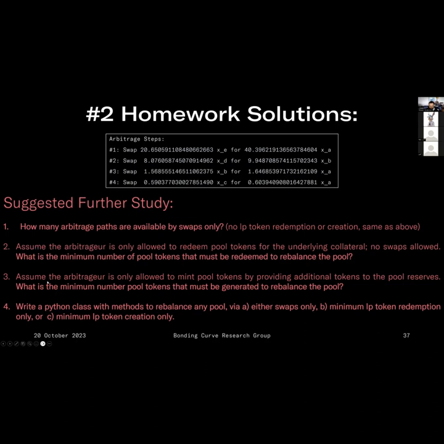And then moving on, what if the arbitrageur, the person who is rebalancing this pool, is only allowed to redeem pool tokens? Remember in the case that I showed you in the first lecture, if you've got pool tokens in this system, it's not like Uniswap where you have to withdraw both tokens simultaneously.